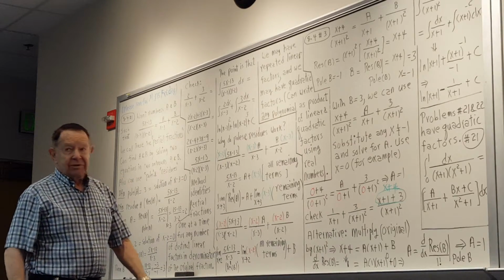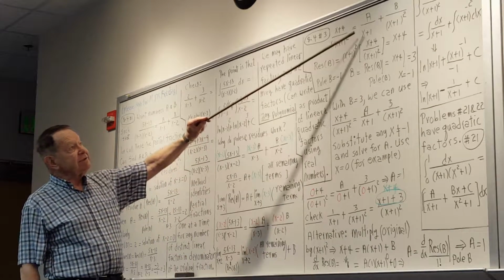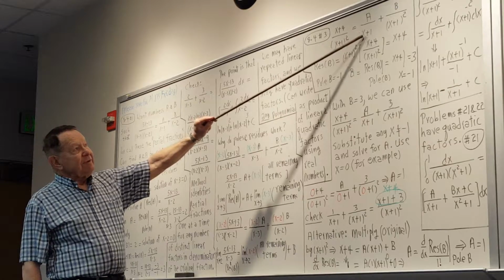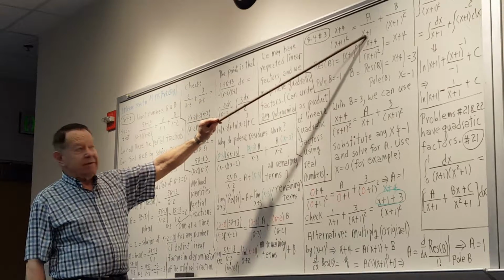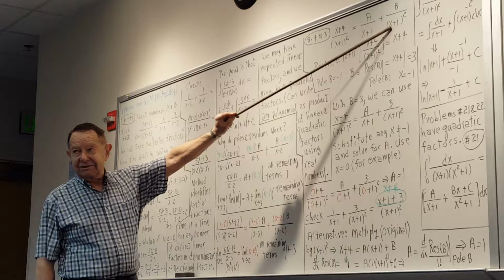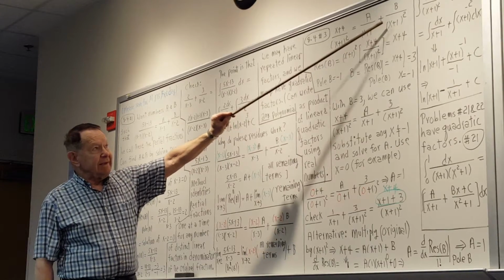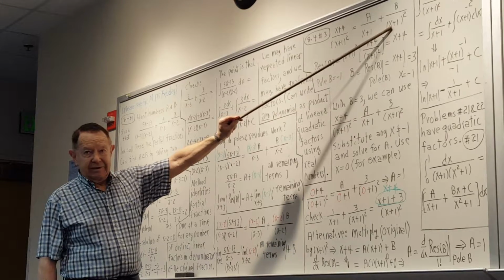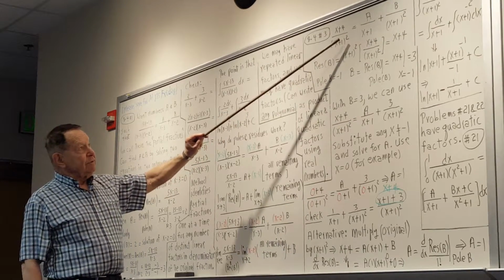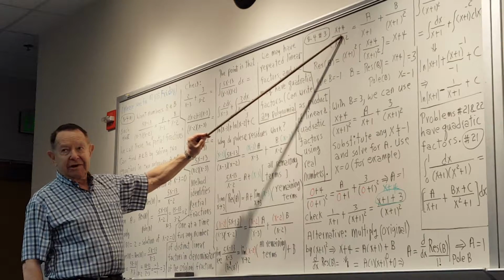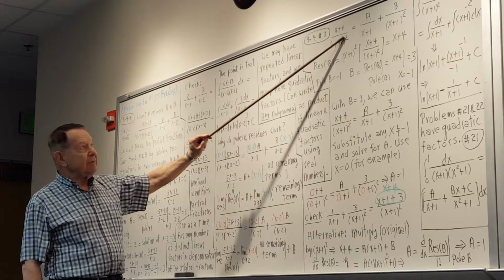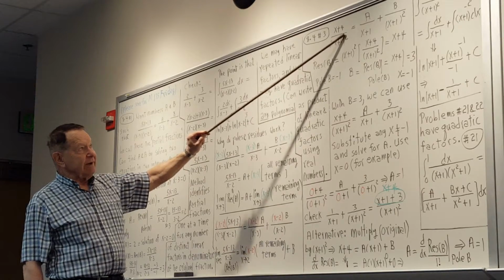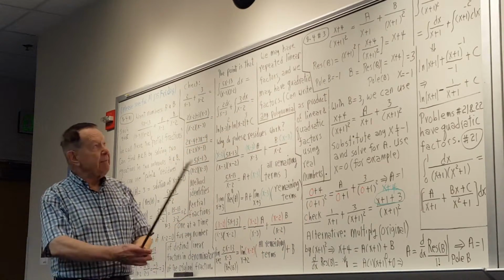Okay, so the question here is multiplying through by the denominator. Do you multiply through by x plus 1, or do you multiply through by x plus 1 squared? The answer is you multiply through by the repeated linear factor to whatever is the highest power you have it in the original problem. So in this one, you have x plus 1 squared, so that's what you multiply by.